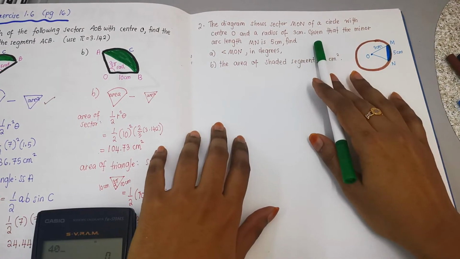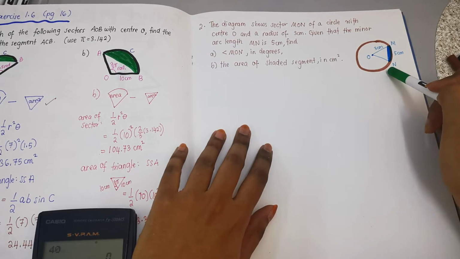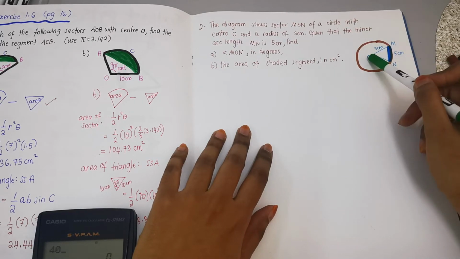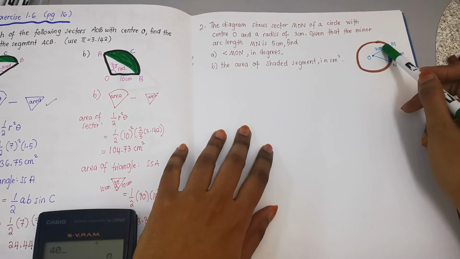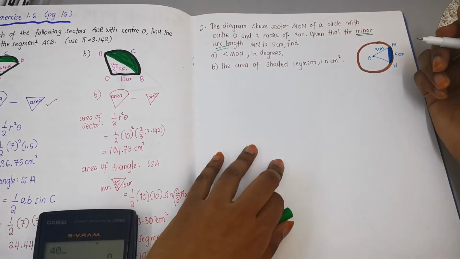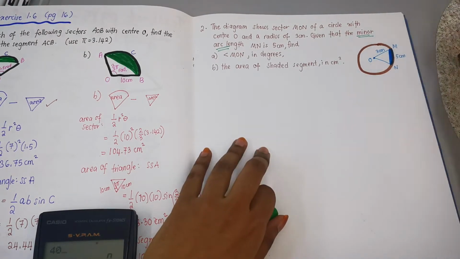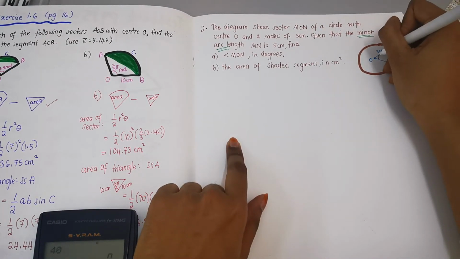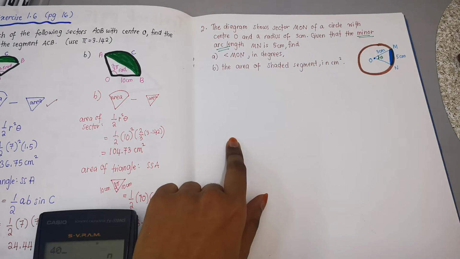Okay, the diagram shows sector MON with center O, radius is 3, the minor arc length, so this information is important for us. Minor arc length is 5. Find angle MON, that means find theta in degrees.